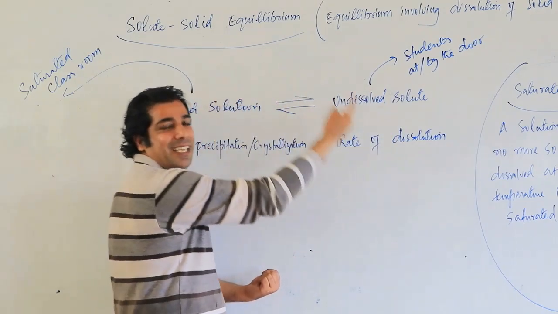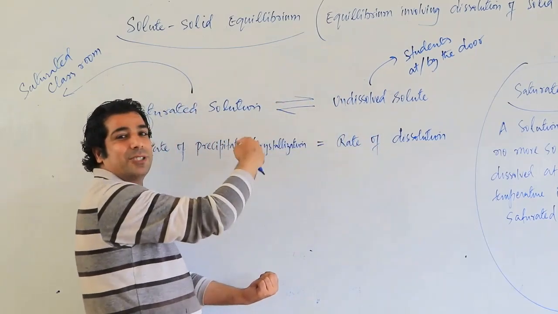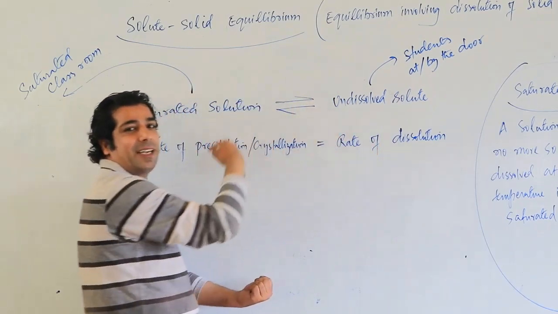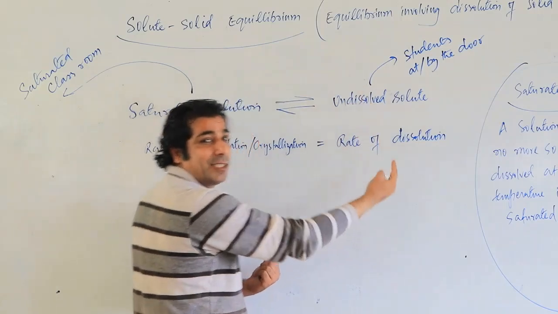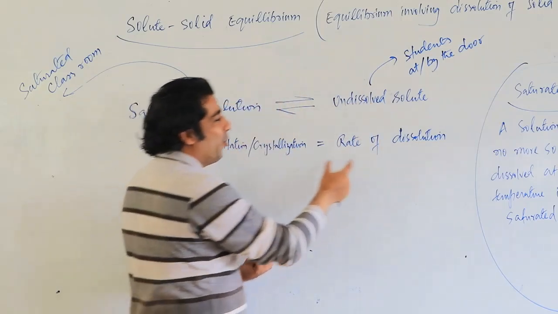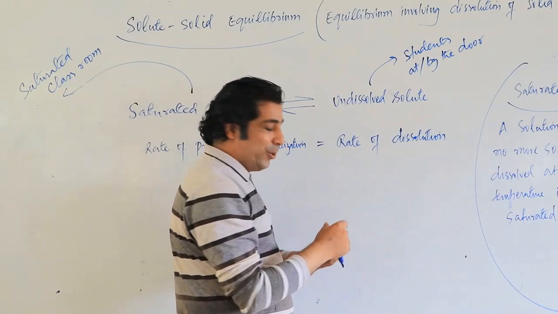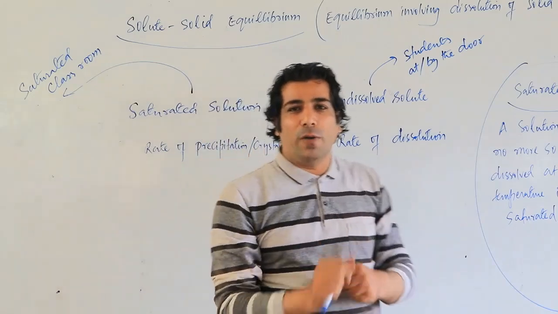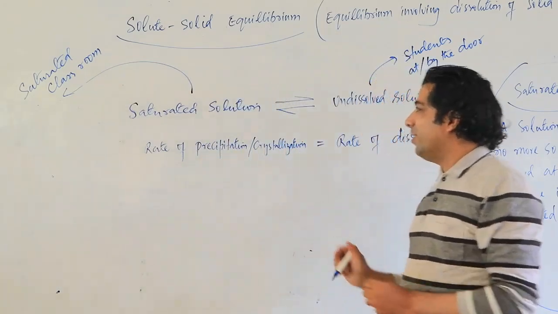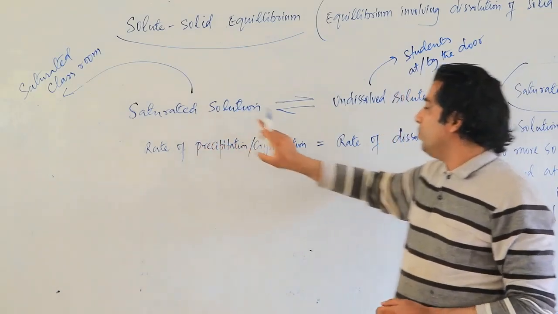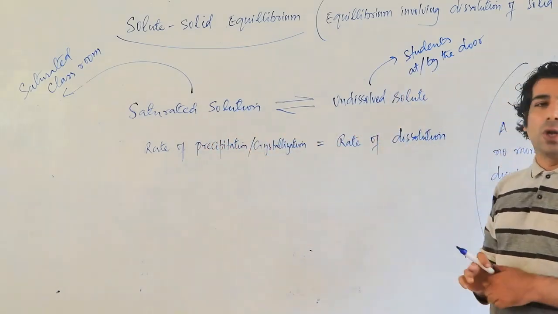Some sugar is leaving, some sugar is entering. Some students are leaving, some students are entering. Some salt is leaving, some salt is entering. So obviously that will be called the rate of dissolution. I hope you have understood this particular factor, and it's between a saturated solution and undissolved solute.